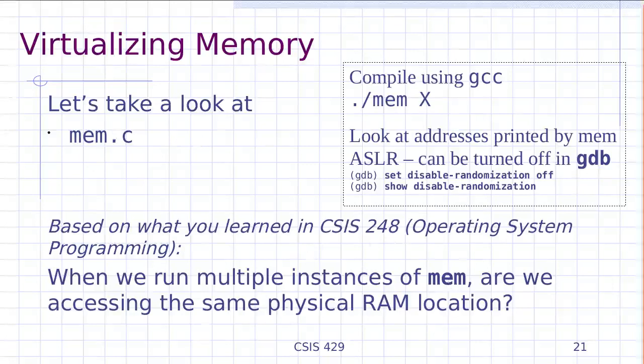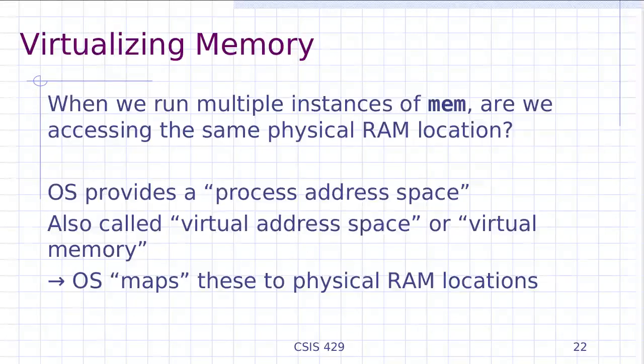But it turns out no, we aren't. So are we using the same physical RAM location? The operating system makes it look like we are, but this is actually not the real physical RAM location.